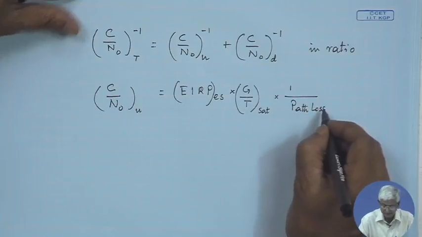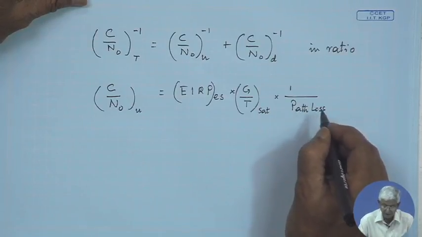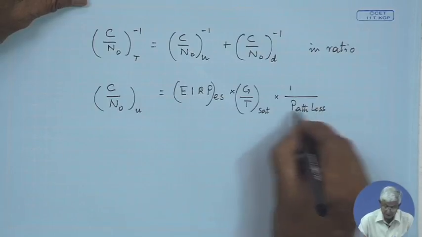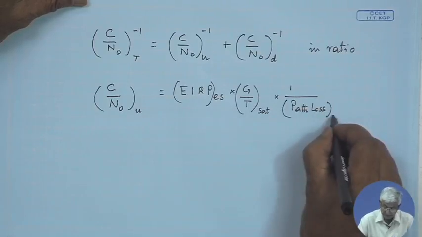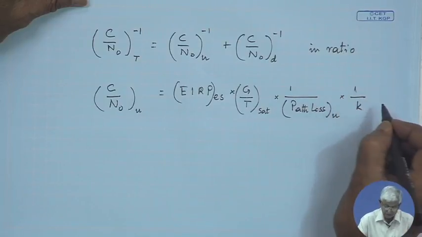Many times I will simply say loss or L_p, that is loss path, since path loss is dominating. Since it is dependent on the frequency, there has to be the path loss in the uplink, and the Boltzmann's constant.